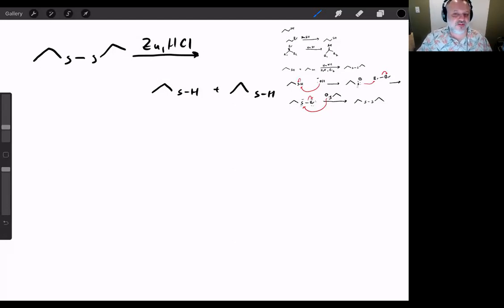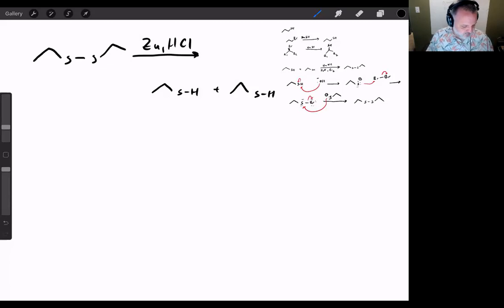And when you see zinc and HCl, that's essentially what it's going to be doing from this point forward. It's going to be doing some sort of reduction. So a disulfide bridge in the presence of zinc and HCl will break into the respective thiols.